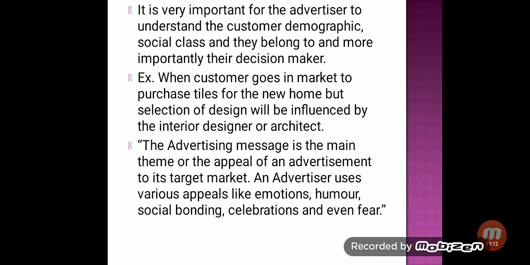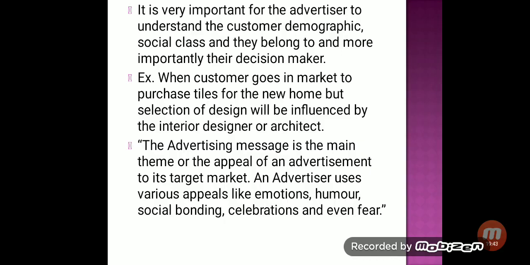It is not true that the decision regarding what product to purchase and not to purchase is taken by customers alone. Many times various people around the customer influence the customer to purchase a particular product or not to purchase it.